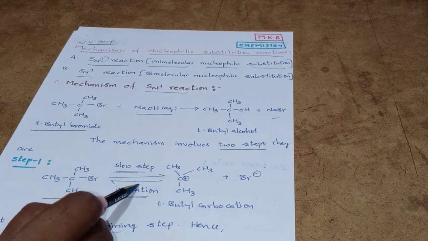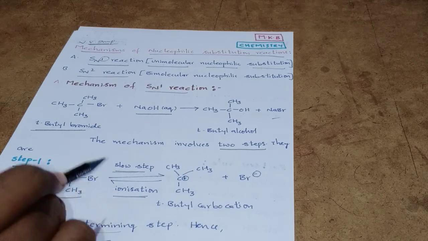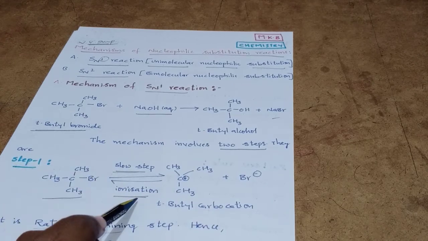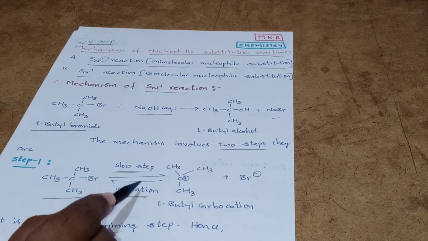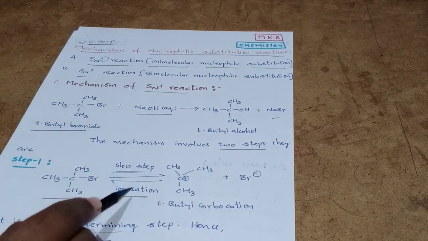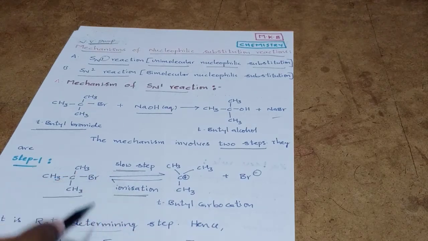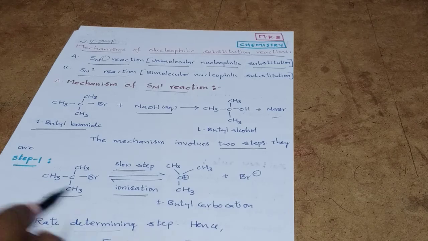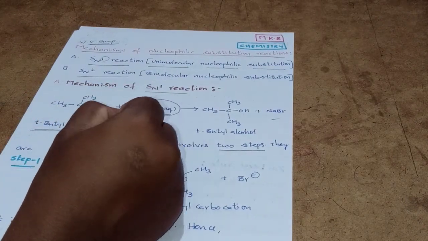As this step is the slow step, we can determine the rate in this step only. The rate depends on the concentration of only alkyl halide but not on the base.